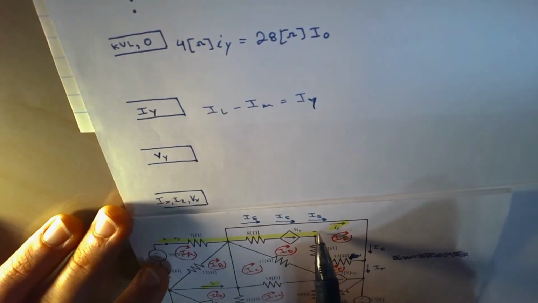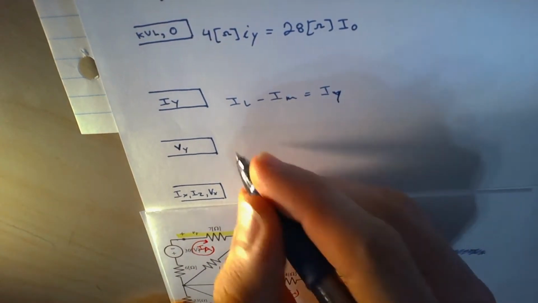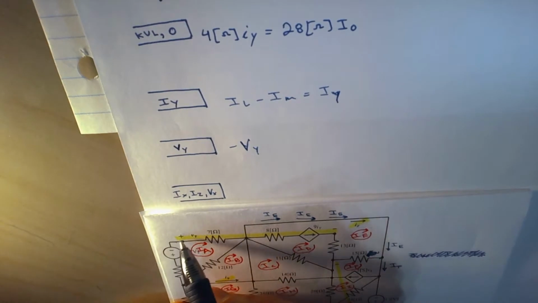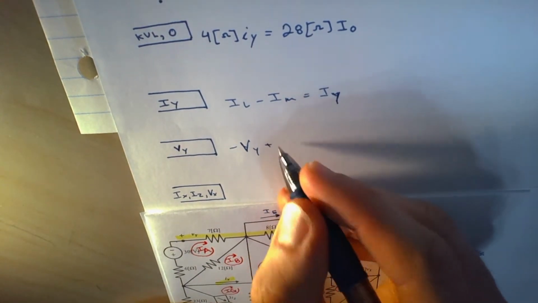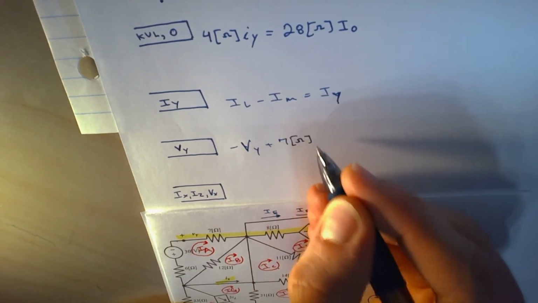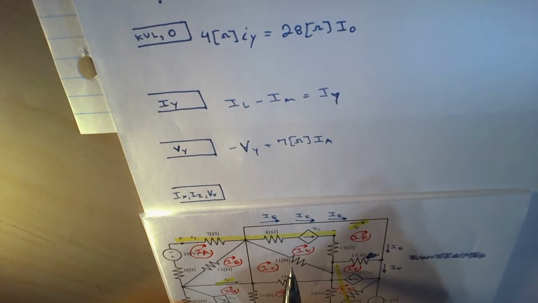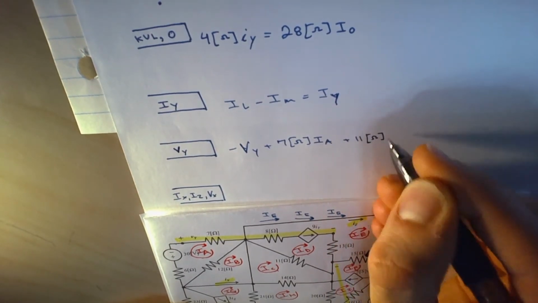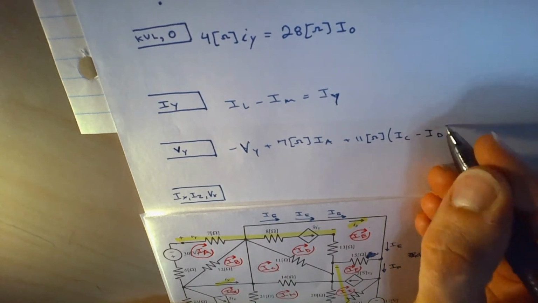So let's do that. I'm going to start here. I'm going to go counterclockwise, so I get minus VY, plus 7 ohms IA, and then plus 11 ohms IC minus ID.